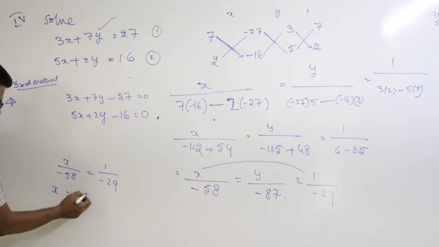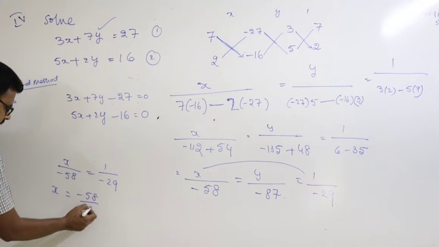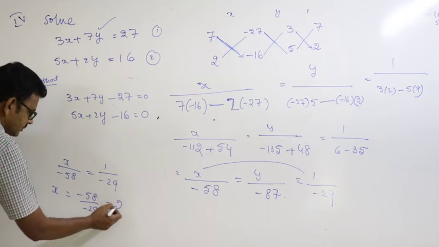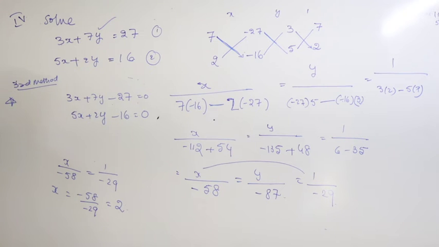Therefore x is equal to minus 58 by minus 29, that is equal to 2. Like that, y by minus 87 is equal to 1 by minus 29, therefore y is equal to minus 87 by minus 29, that is equal to 3.